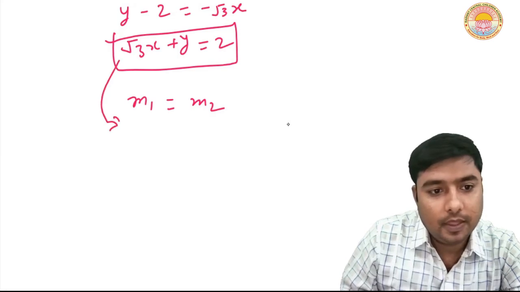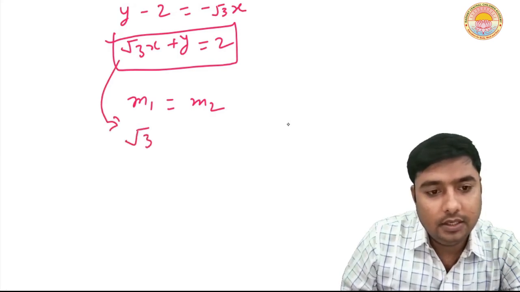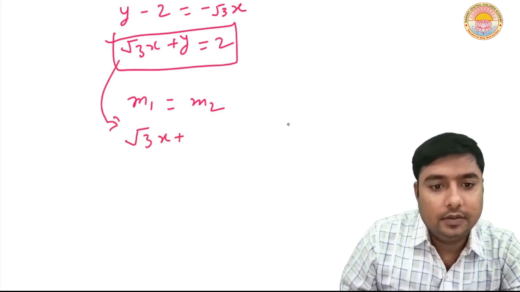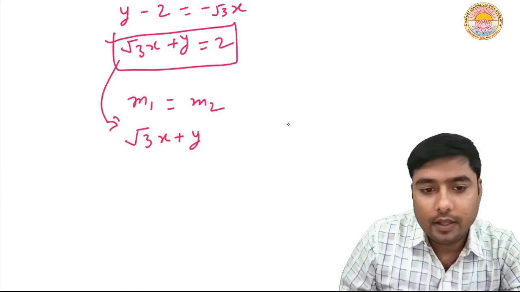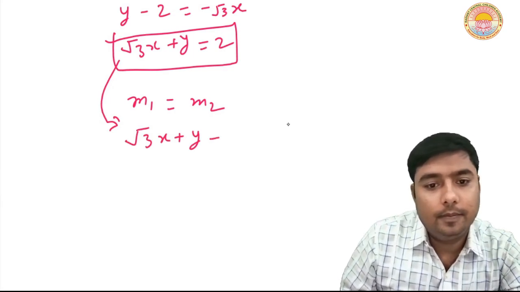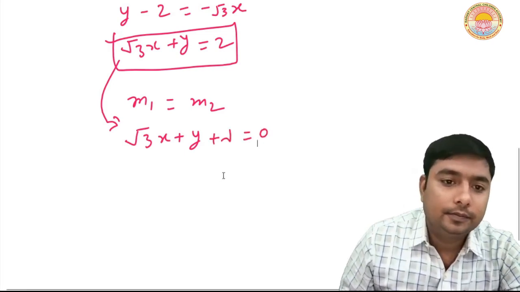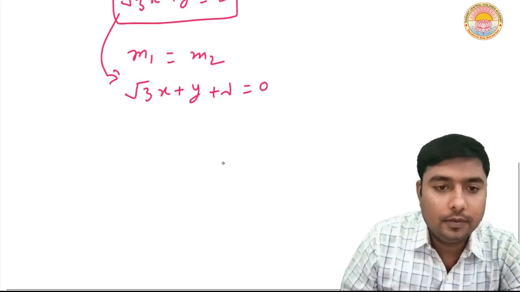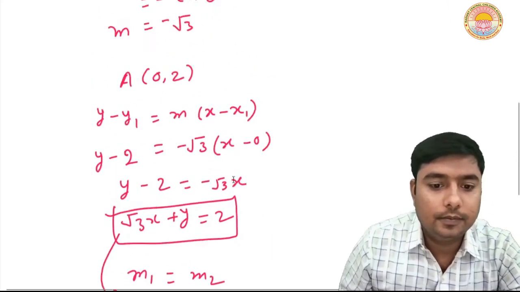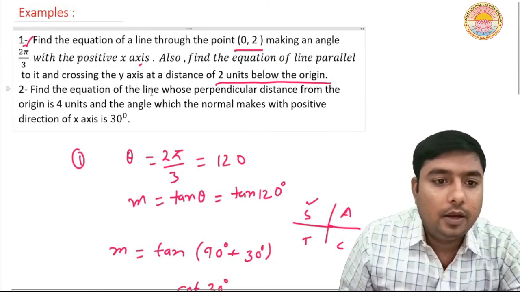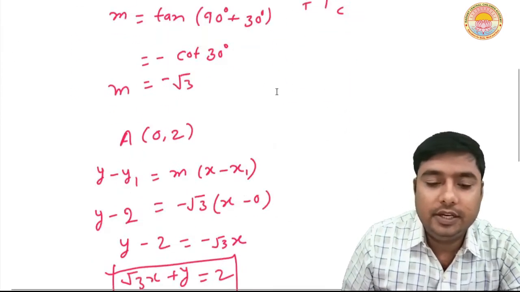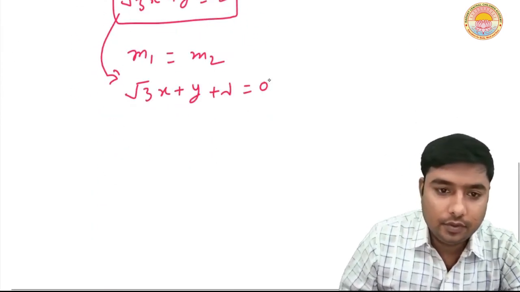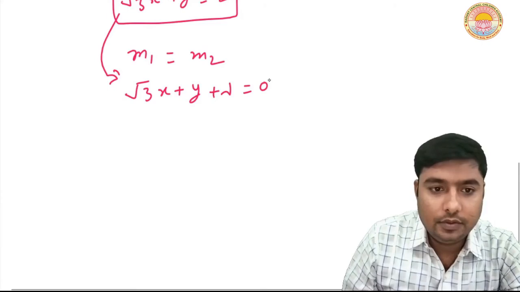So we can write root 3 x plus y plus lambda equals 0. The distance given here is negative 2, so we can write here 0 comma -2.